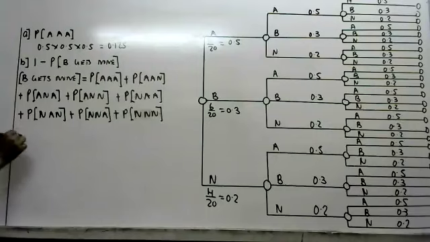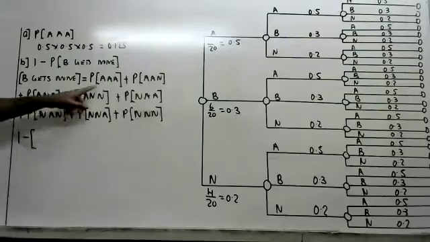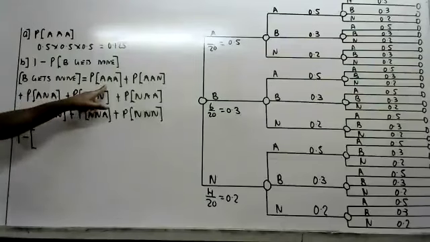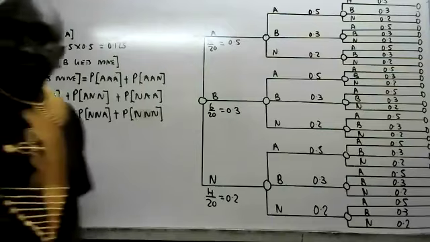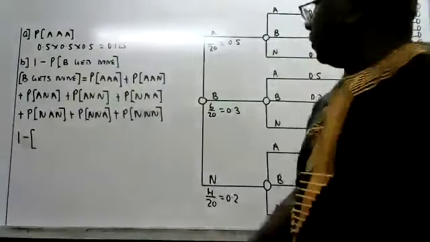So I will then say this is equal to, or now let's say, 1 minus, first putting these probabilities. Are we up to that point?